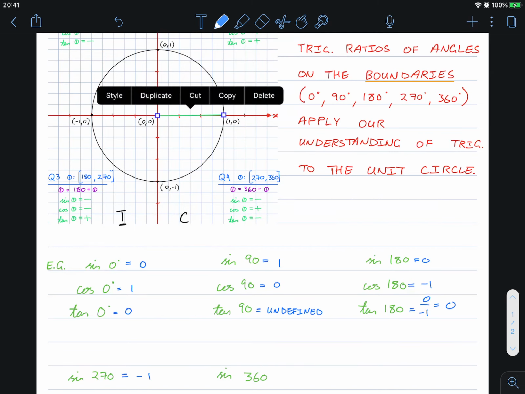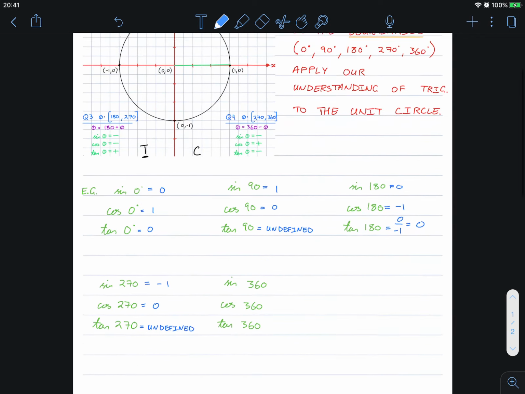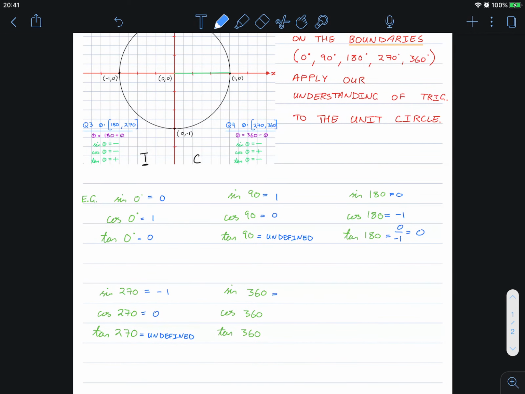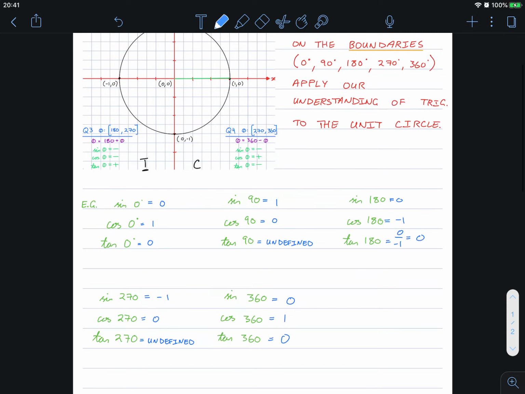In actual fact, 360 degrees going around like this is the same as if we did from 0 degrees. So 360 will give the exact same values as 0 degrees. So sine of 360 is 0. Cos of 360 is 1. Tan of 360 is also 0.